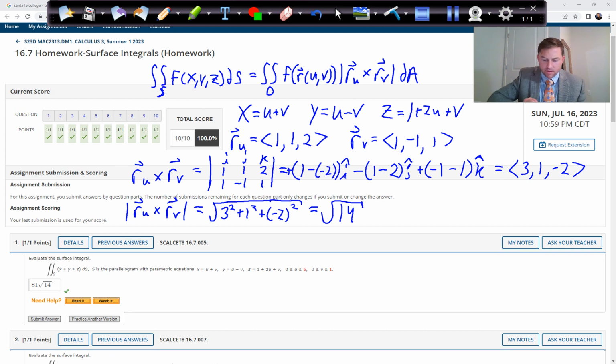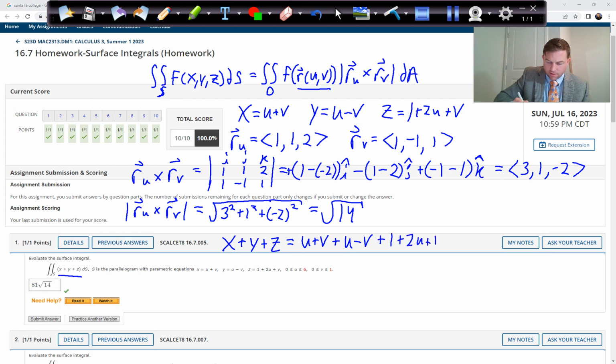Okay, so we've got probably the hard part of this done. Now we're going to replace the function x plus y plus z with its u and v components. So x plus y plus z is going to equal u plus v, which is x, plus u minus v, which is y, plus 1 plus 2u plus v, which is z.